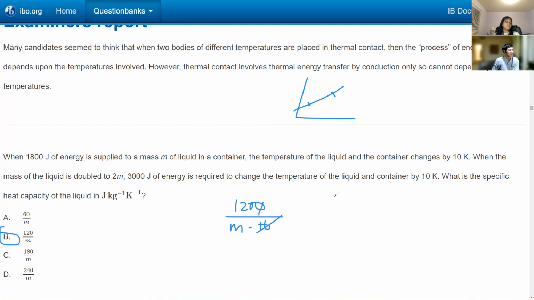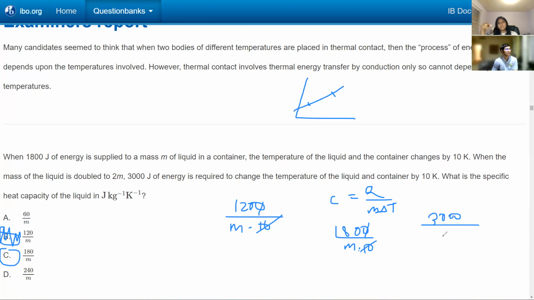Okay, anyways, let's see. So C equals Q over M delta T, right? Yeah. So we know that the first one would be like 1800 over M times 10. 180. Oh, it's just 180 over M. So maybe it's just C. Maybe what I did. But then if you do it with 2, it would be 3000 over 2m, right?